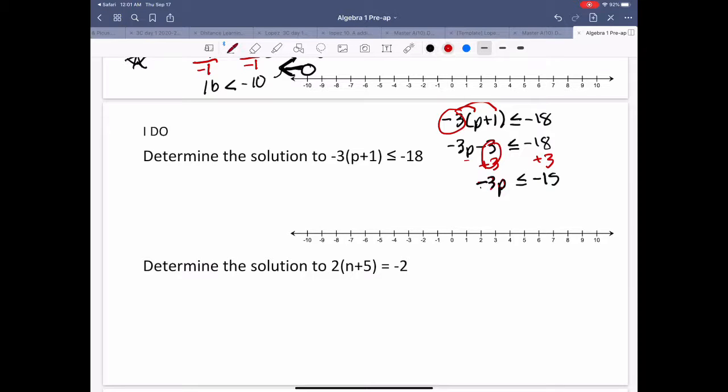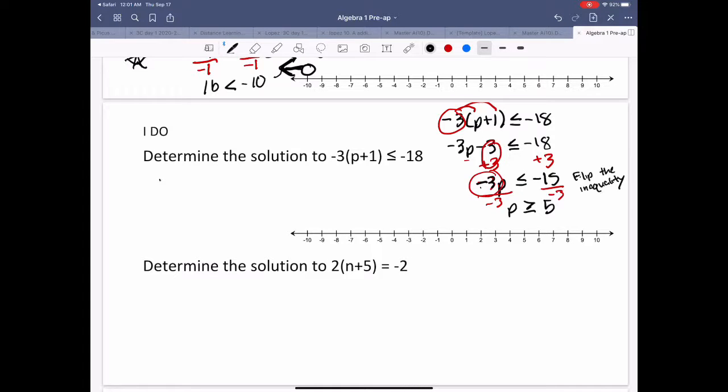Now again, we're going to divide by the coefficient of p, which is negative 3. So we divide everything by negative 3. p is greater than or equal to positive 5. Now remember, we had to flip the inequality symbol because we divided by a negative.